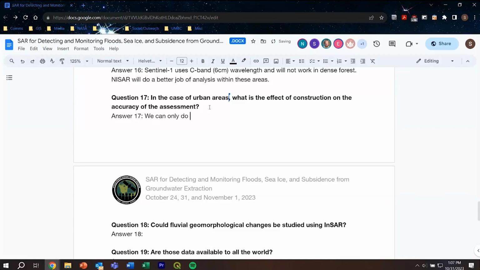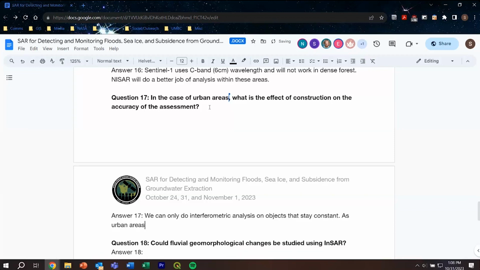When there's large scale construction, creating new buildings or tearing down old buildings, that will cause a loss of coherence and prevent measurement of the surface displacements. This is actually also a way that we can measure damage caused by earthquakes or hurricanes by looking at the InSAR coherence change that's due to destruction of buildings. We can detect where the buildings have been damaged.